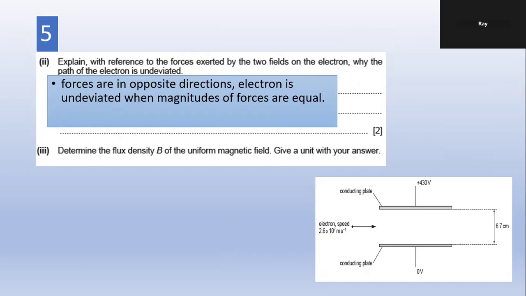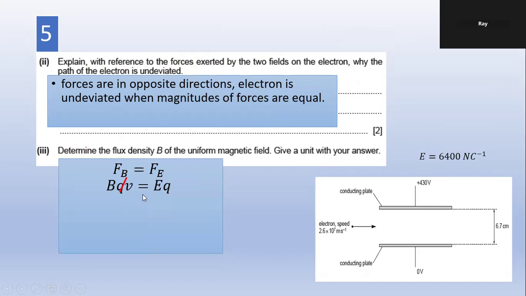Right? They take you through step by step. You already got the answer here. Magnetic force equals electric force. Cancel out q. And then B is E over v. E we have calculated earlier. And then the speed you can get from the question, the previous question.